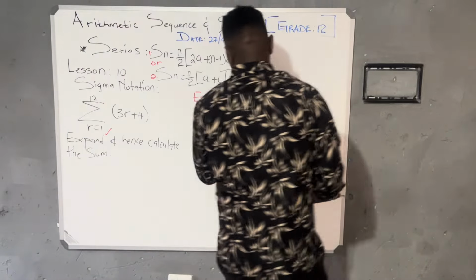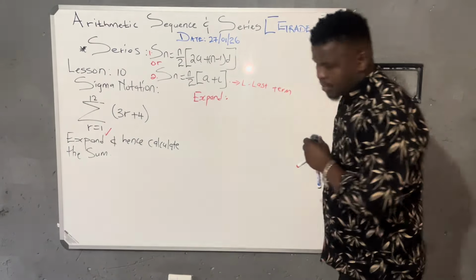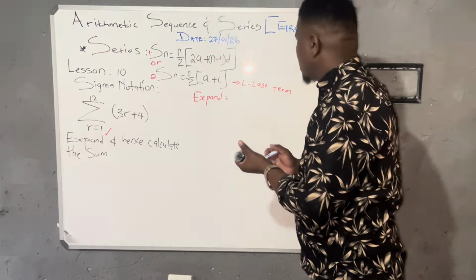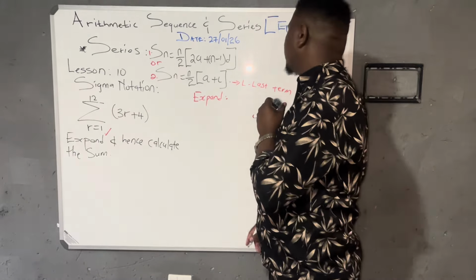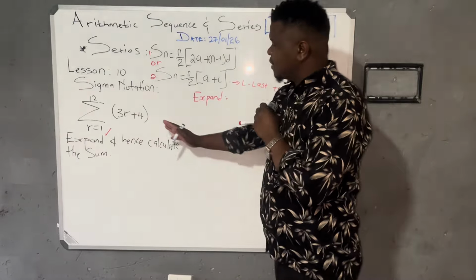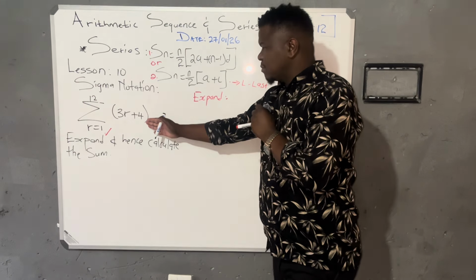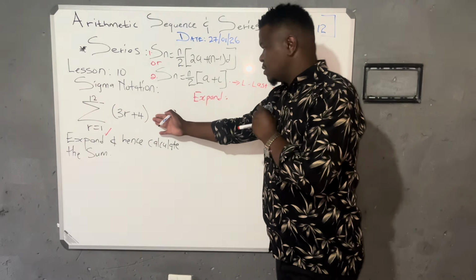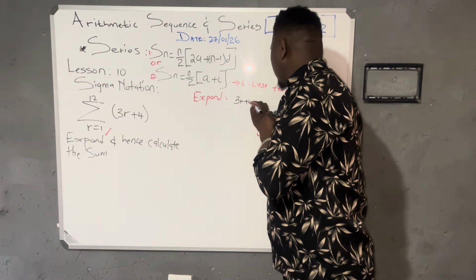So now let me get rid of this. Expansion means take the general term and you can write it in a series form, maybe 3 of them. Even if you do 4, it's up to you. So we'll say 3r plus 4.